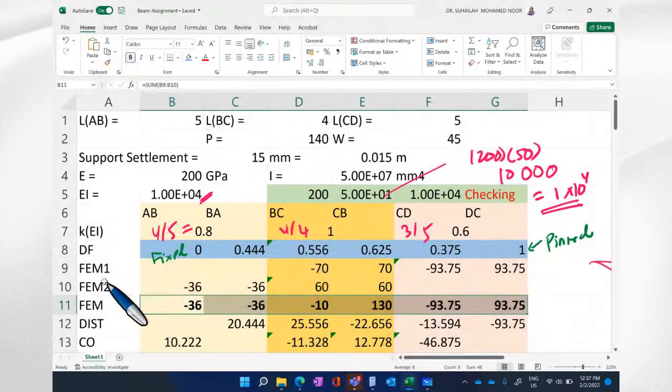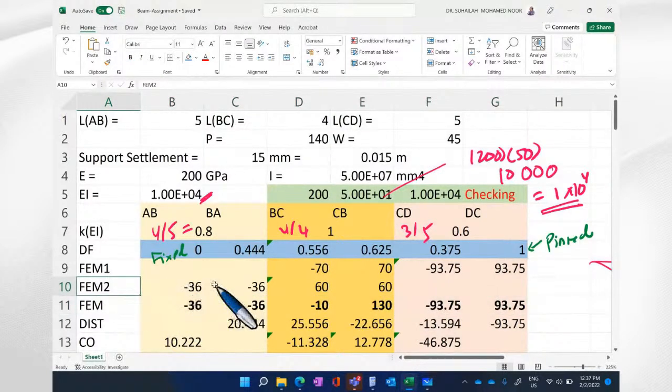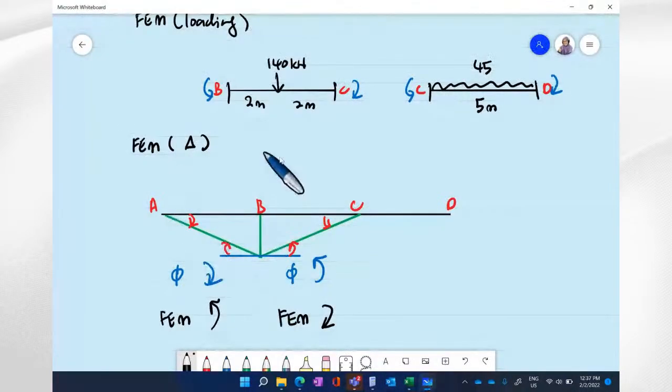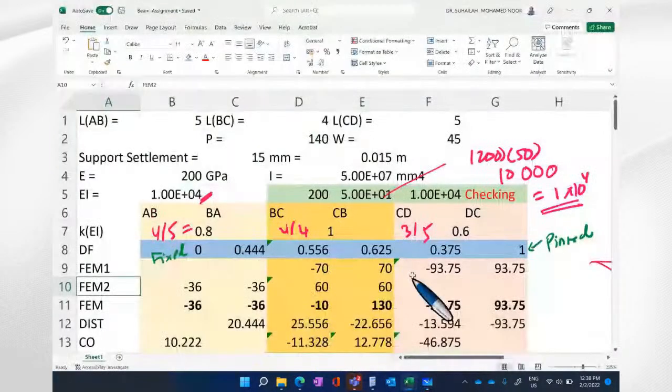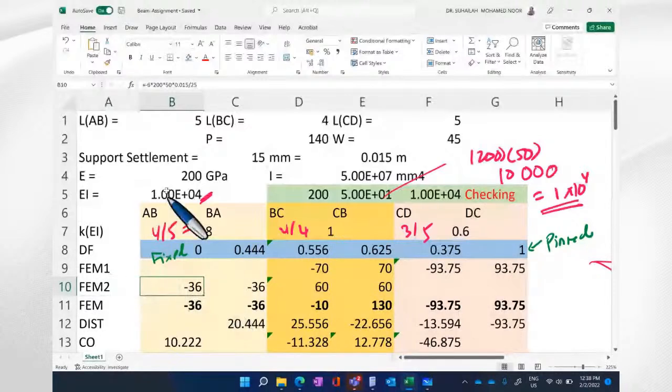Then we move to FEM due to settlement. As I have shown here, the FEM must be both negative for FEM AB and both positive for member BC. So for FEM of AB, the formula is 6EI delta over L squared.